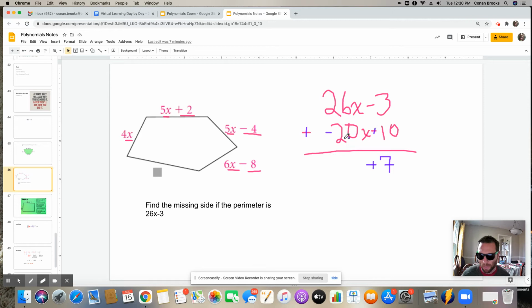And then 26x minus 20x is 6x. So this missing side is 6x plus 7. Okay.